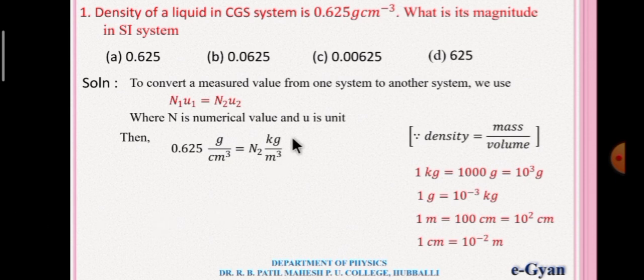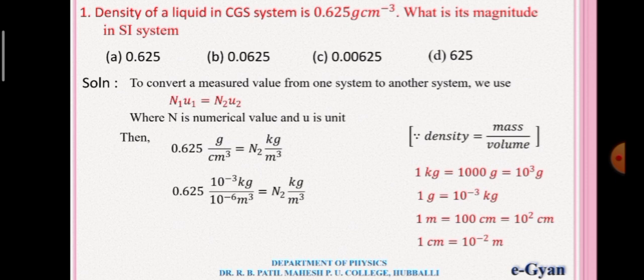Now here I am going to replace grams by kg and centimeter by meter. Then we get 0.625 into 10 to the power of minus 3 kg divided by 10 to the power of minus 6 cubic meter is equal to N2 into kg per cubic meter.